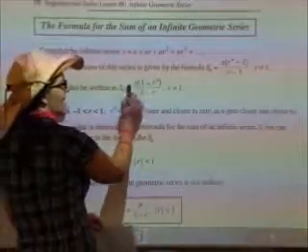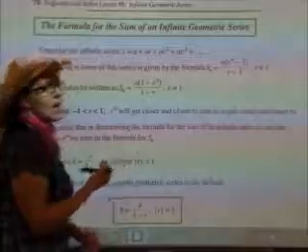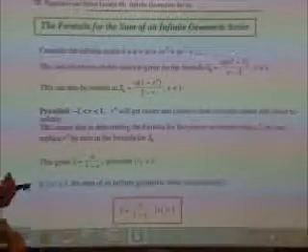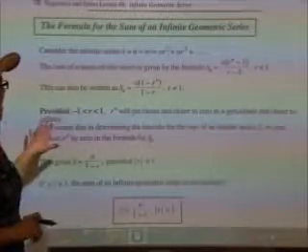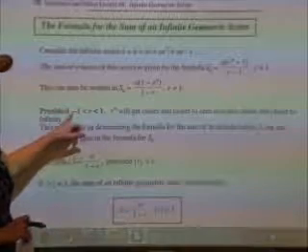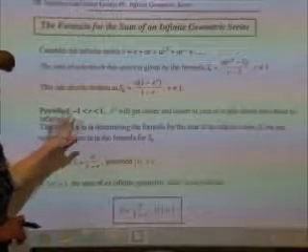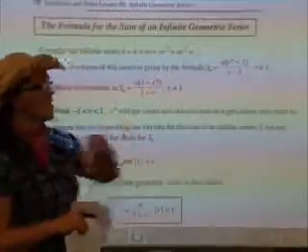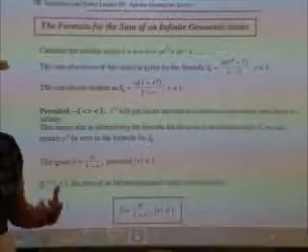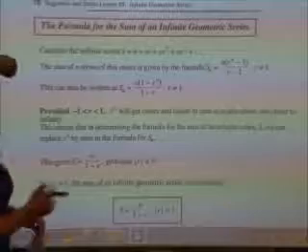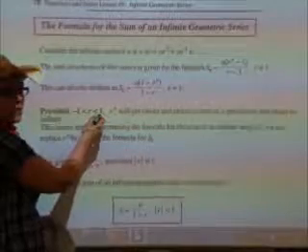That would be taking the top and the bottom and multiplying it by a negative. Provided that the r value is between positive 1 and negative 1, this r to the power of n is just going to get closer and closer to 0 under this format.